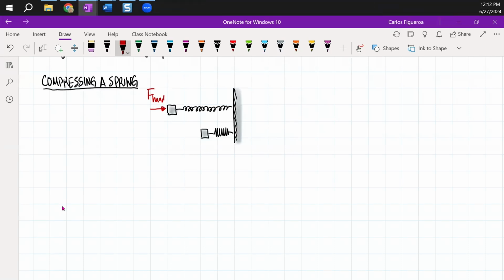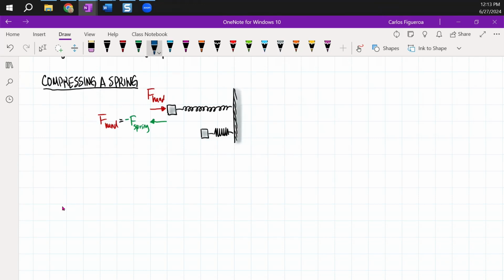Now, as I apply a force on here, the spring is going to react. And by Newton's third law, this force has to be equal and opposite to the spring. So if I say that this here is the spring force, by Newton's third law, that means that this has to be equal and opposite to my hand.